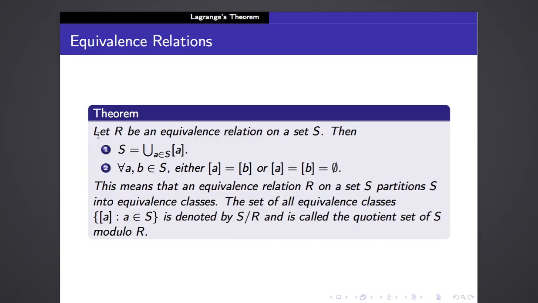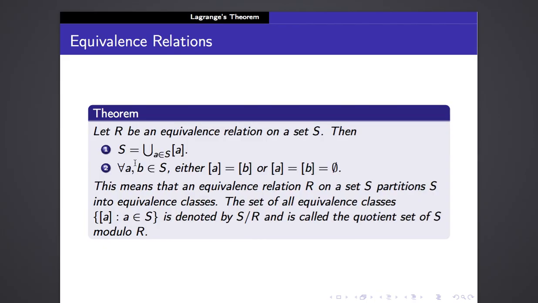So let R be an equivalence relation on a set S, then S is the union of all equivalence classes. Now I can use them, because you know what an equivalence class is, right?